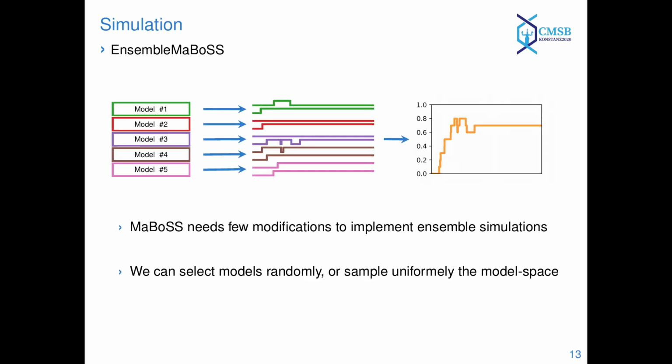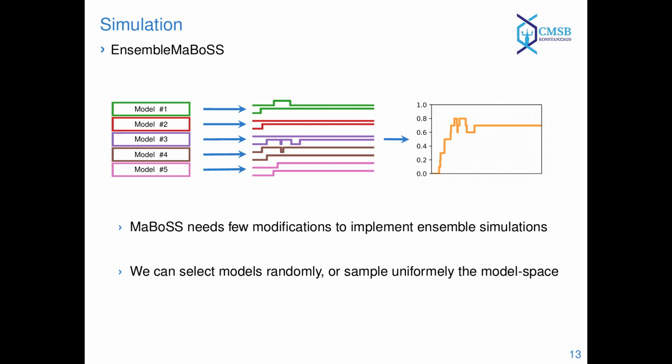And so to extend MaBoSS, what we did is modify the input of MaBoSS and allow giving MaBoSS an ensemble. Then every time we want to generate a trajectory, we pick one of the models of the ensemble, generate its trajectory, and then with all these different trajectories, we're able to compute the probability distribution of the ensemble.